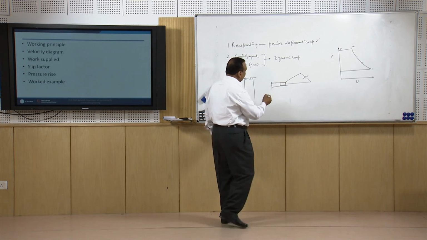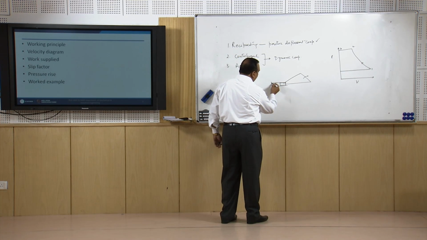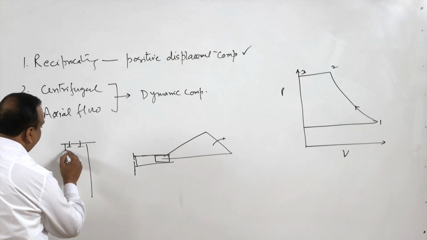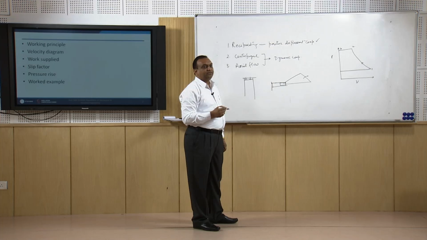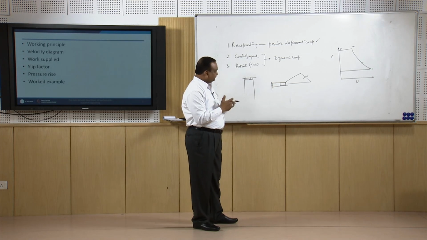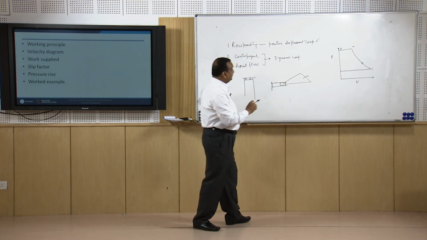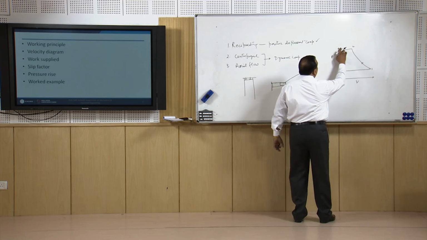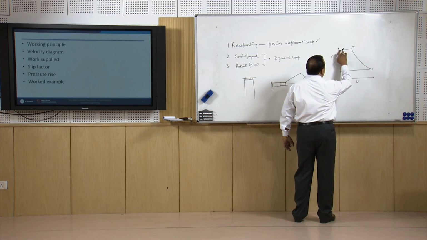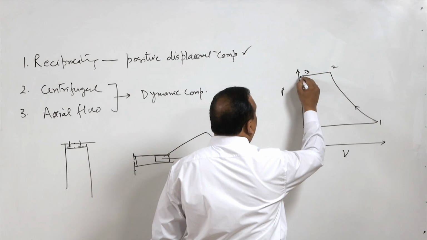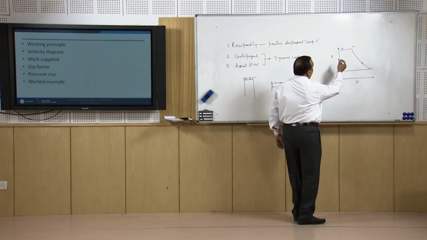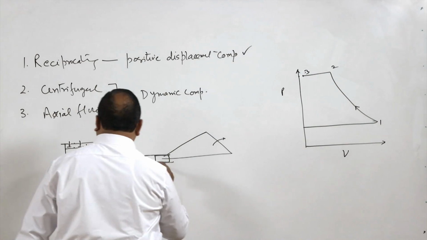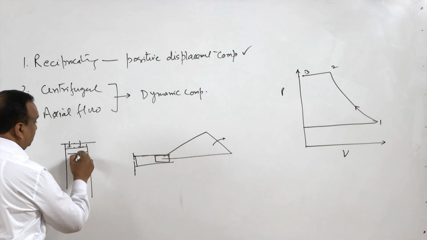There has to be some clearance between the top dead center and the cylinder head. Otherwise, breakage or wearing may take place. So, instead of zero volume at 3, some volume is left. That is known as clearance volume, right? And since clearance volume is there, this is at the end of the stroke.